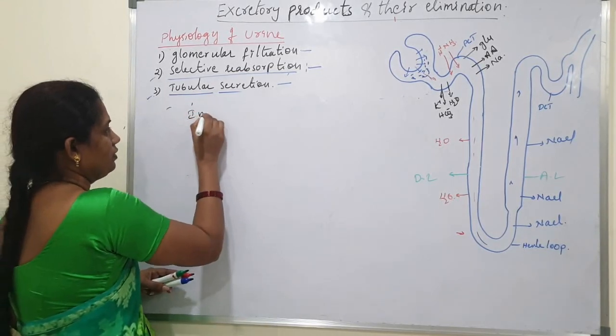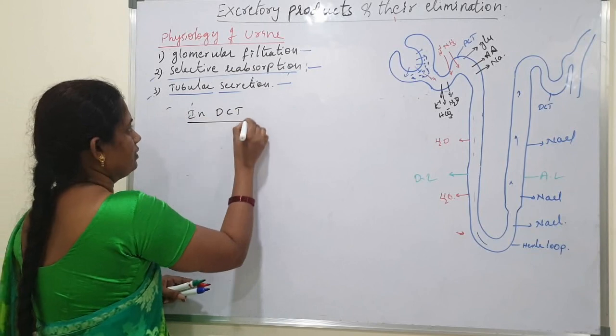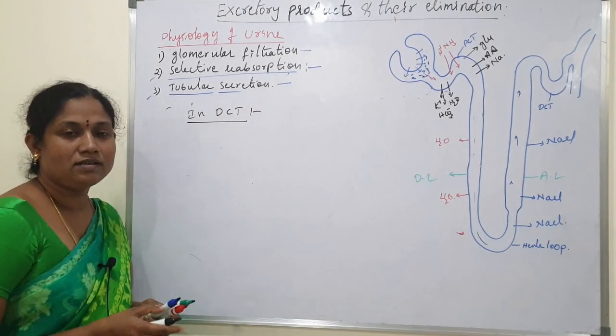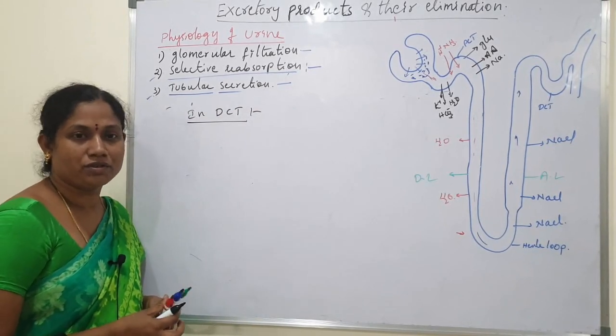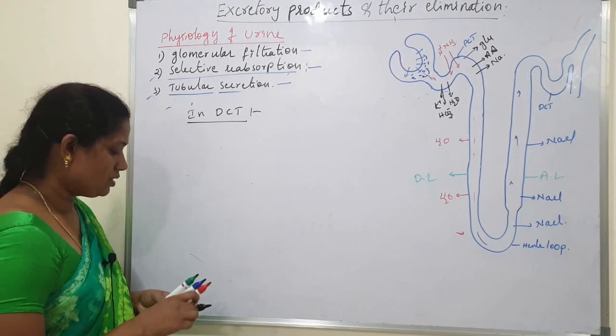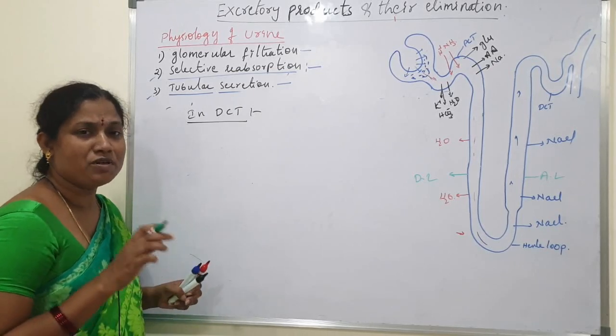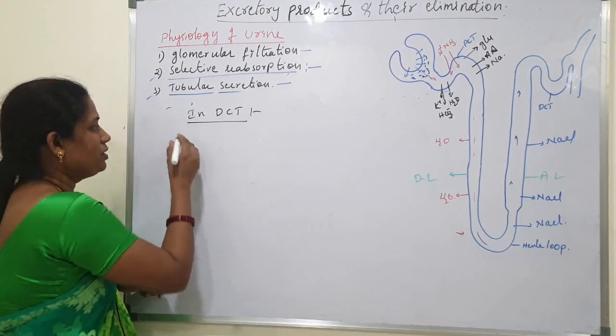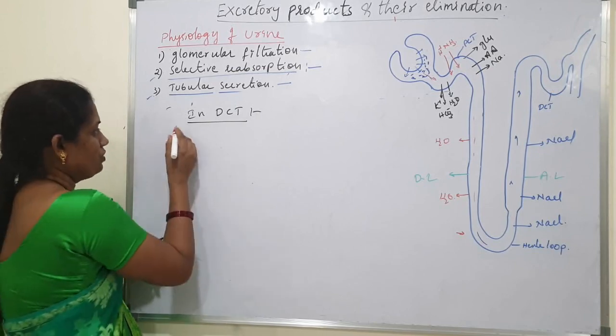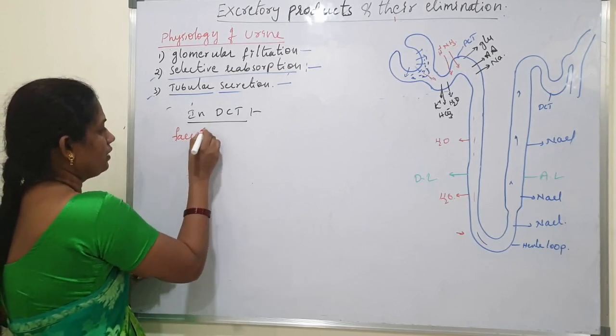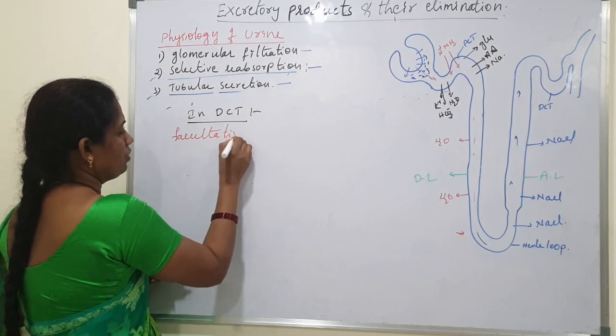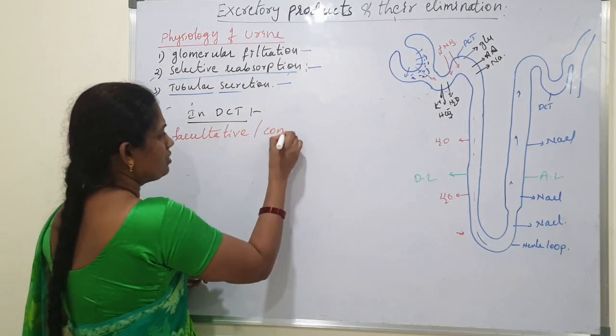Next, in the DCT, the distal convoluted tubule, minimum reabsorption also takes place, but this is facultative or conditional reabsorption.